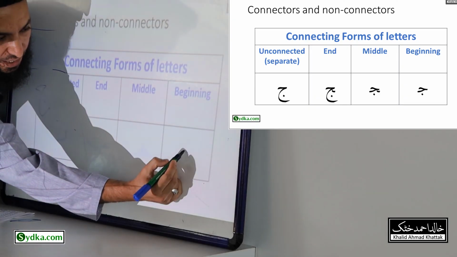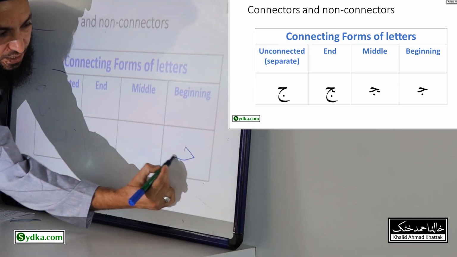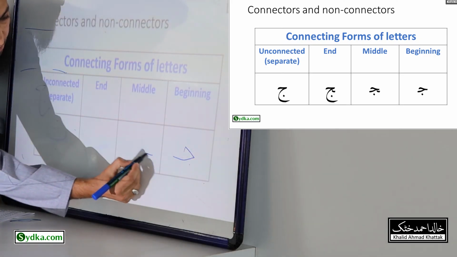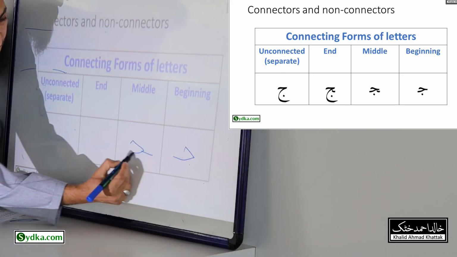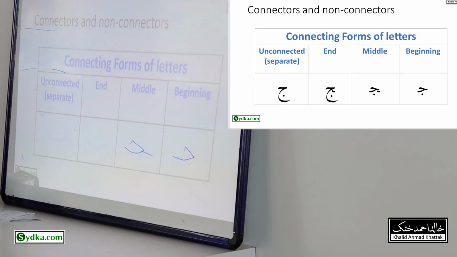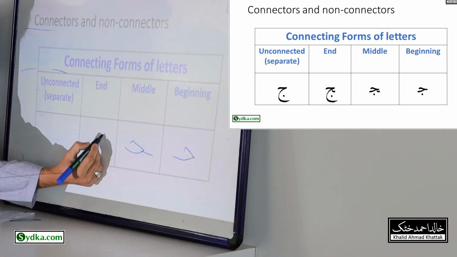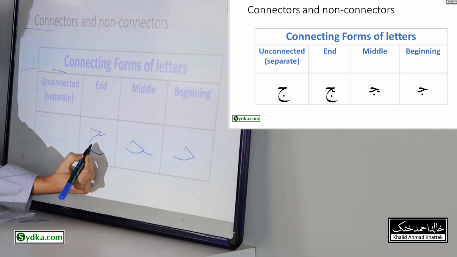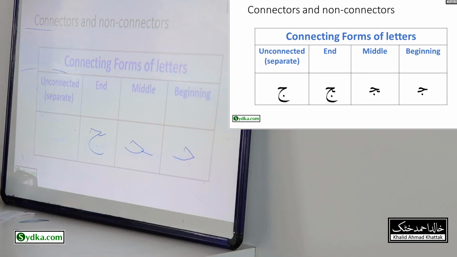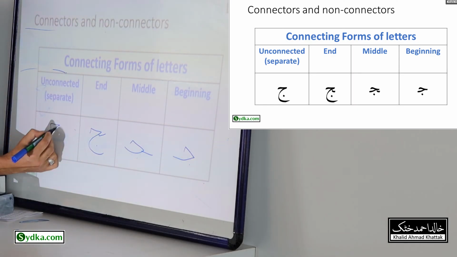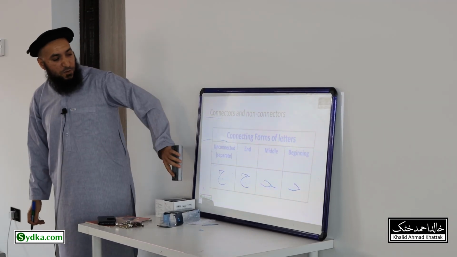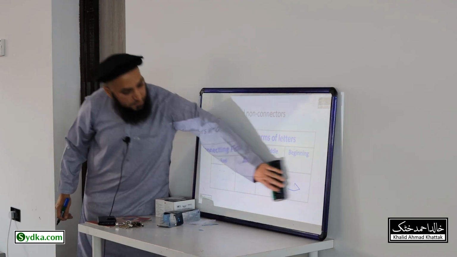So in the beginning, it looks like this. You start from here, go there. That's Jim. That's the beginning. Middle. Start here. Jim, the middle. And at the end, start here. It's connecting here. That's the at the end. And on its own, we have already explained that. Okay? So that's the connecting forms and on its own.